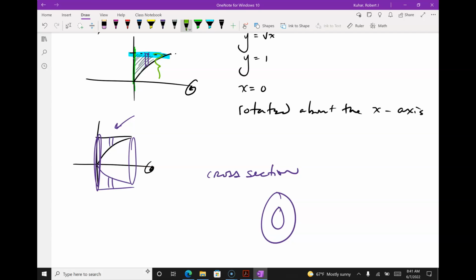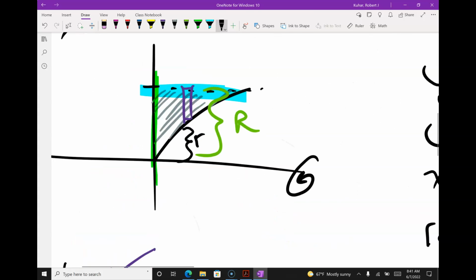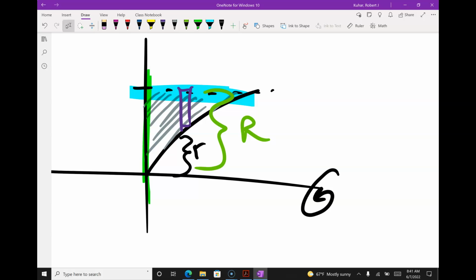So this distance right here is capital R, and then this distance here is little r. You see that, Noah?